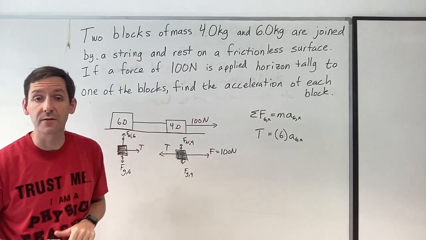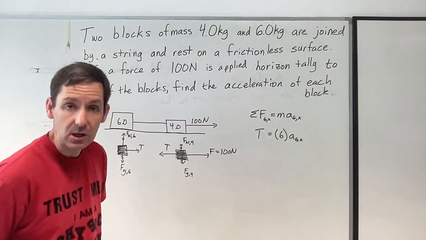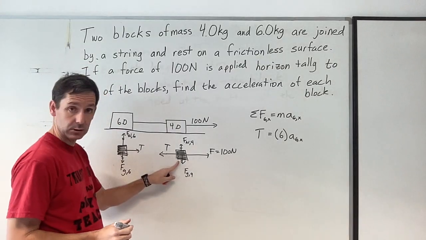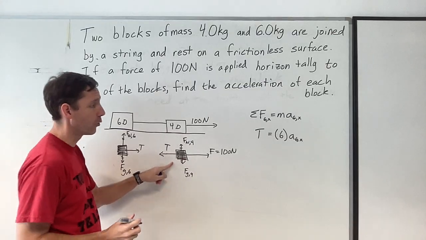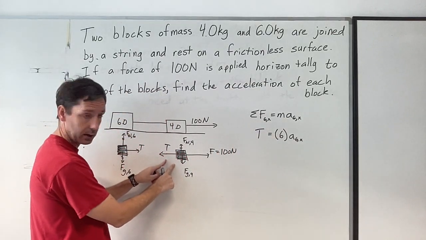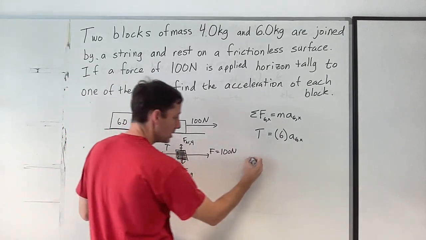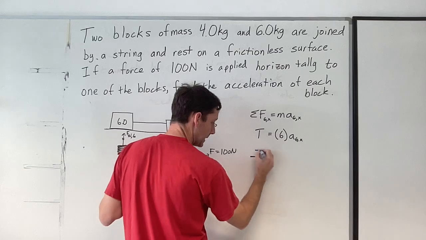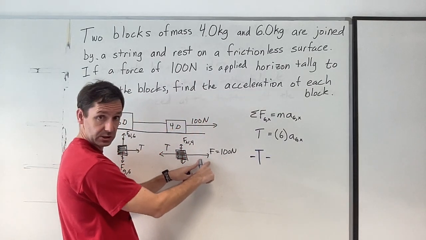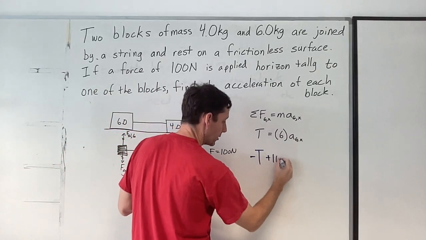Now you'll notice we do have two unknowns, which means that we are going to need a second equation. So if I go to do a second equation now, I would look at this one. Okay, so for the 4 kilogram block, I'm going to do the same thing, but now for the 4 kilogram block. I have tension, but this time tension is going to the left, so I'm going to go negative T. I've got this force to the right, that 100 newtons, so I'm going to go plus 100.